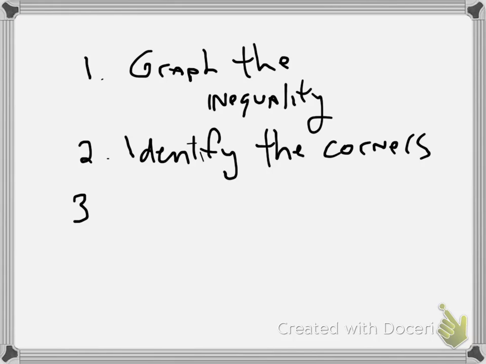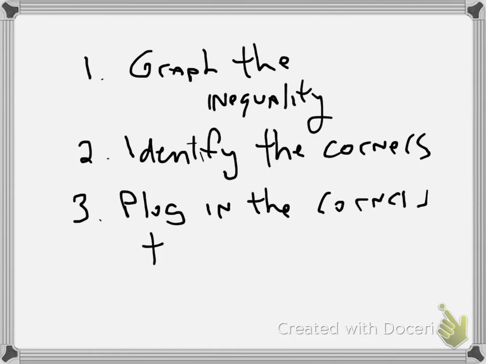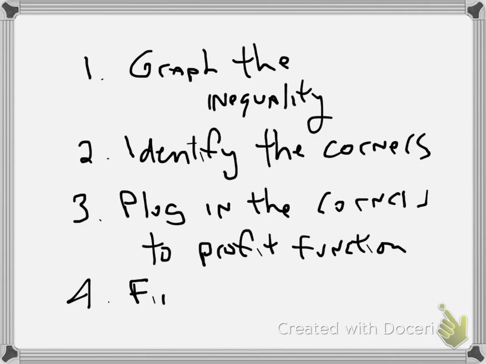Once we graph the inequalities, we'll identify the corners. Sometimes there's more than 3. Then we're going to take those corners and plug them into our function. And finally, after we plug them into the function, we just need to identify the min or the max, whichever one they're asking for. So take a moment to read through this a couple times. This is about as good as you're going to get as far as step-by-step.